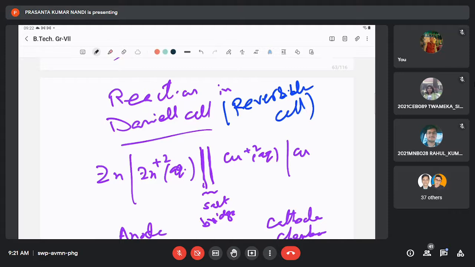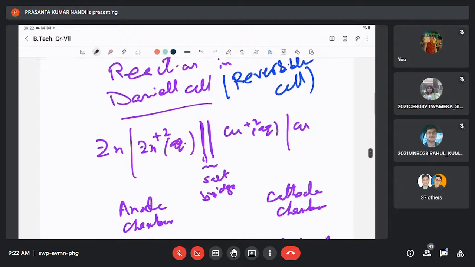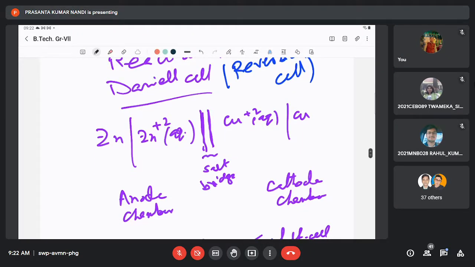Likewise, in the right hand side chamber, you see cupric ion coming from a soluble salt of copper, maybe copper sulfate here, and it is separated by a single vertical line from the copper metal. The left hand side chamber we call the anode chamber, and the right hand side chamber we call the cathode chamber.